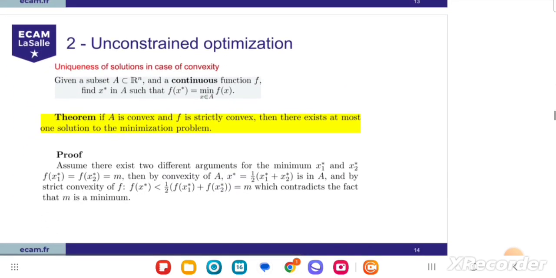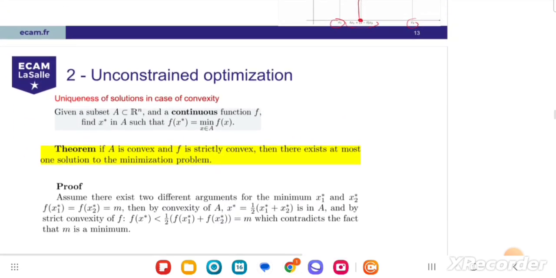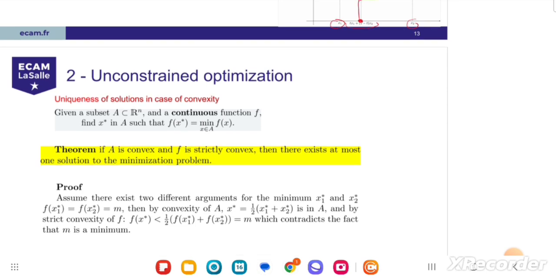Why is that important? We will see that later. It helps us characterize the nature of some candidates for optimum. But what we can directly have is this: when we want to minimize a function f that is itself strictly convex on a set that is convex, then there exists at most one solution to the minimization problem.